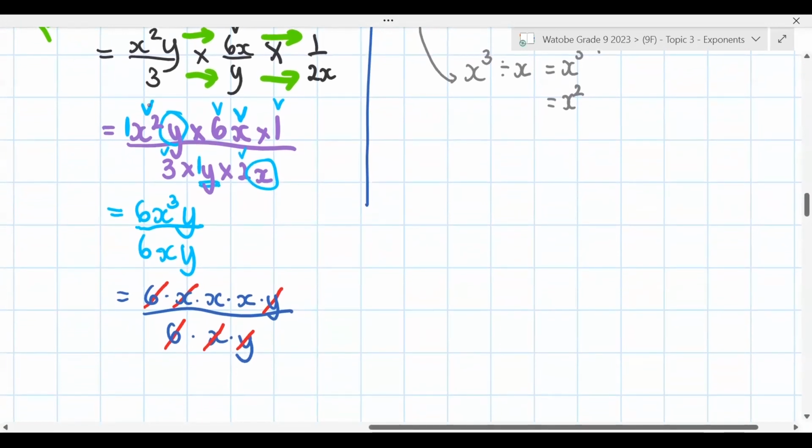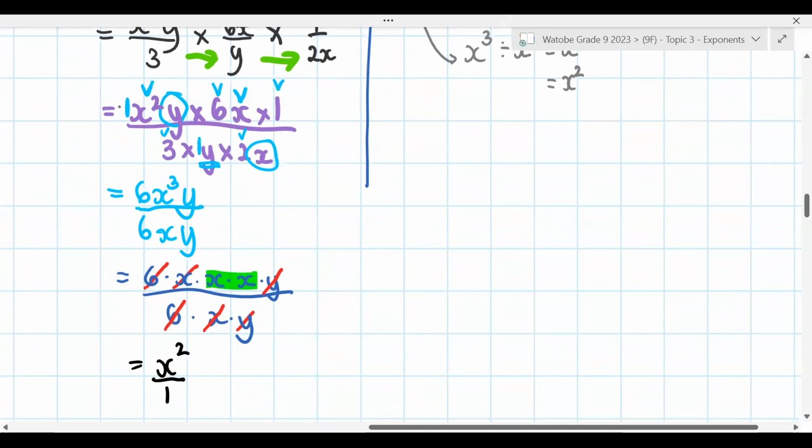And so actually all I have left are those two x's. They're in the numerator, so I write it as x squared. I've got nothing left in my denominator, so I could write over 1 if I wanted to. But remember, anything over 1 is just that thing. So I can actually just leave it as x squared.